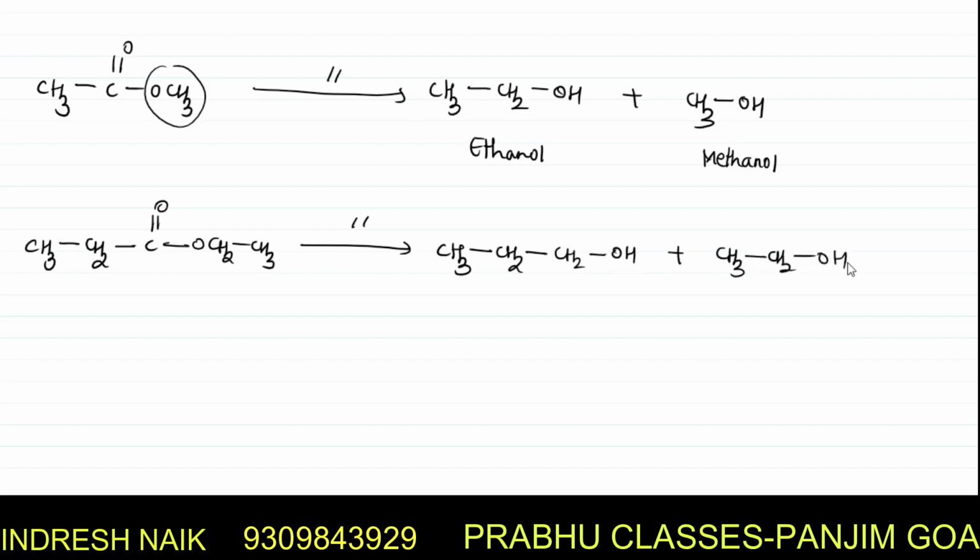Both alcohols are primary. This chain will give you one alcohol, and this will give you another alcohol. That is how you can remember. So here it will be propan-1-ol, and here it is ethanol. Two alcohols which you are going to get over here.